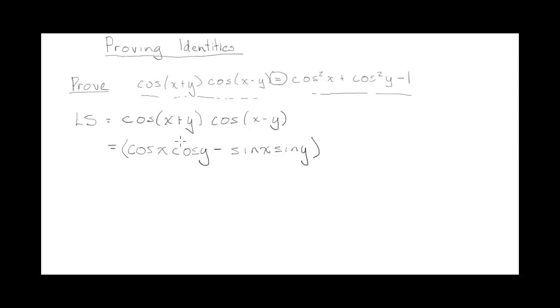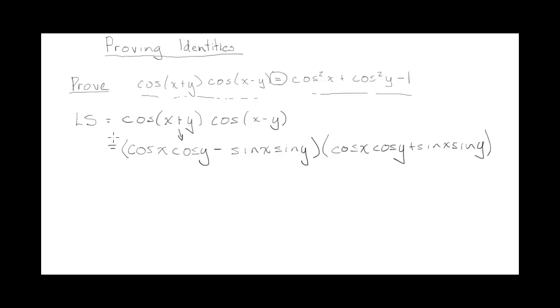That's one of the identities we learned in the previous section. Then cosine(x minus y) is almost the same, except the sign is different: cosine x cosine y plus sine x sine y. What's good here is I've got everything down to single angles like the right side. It's still more complicated than the right side, so I'll have to do more.